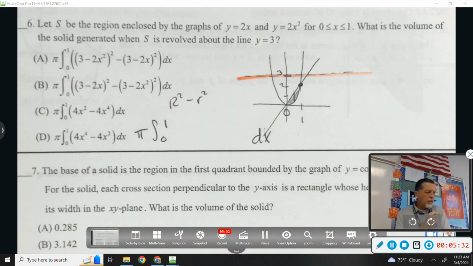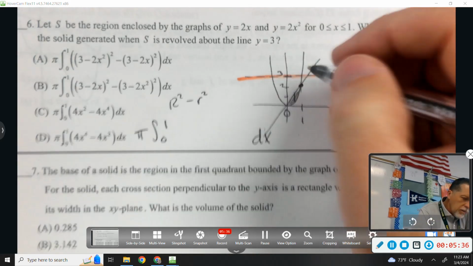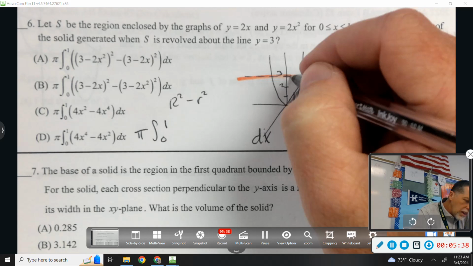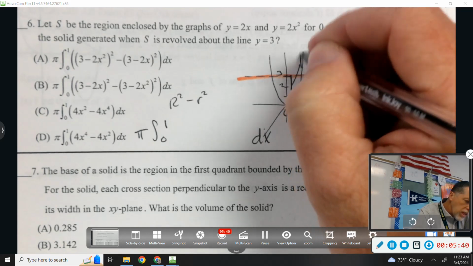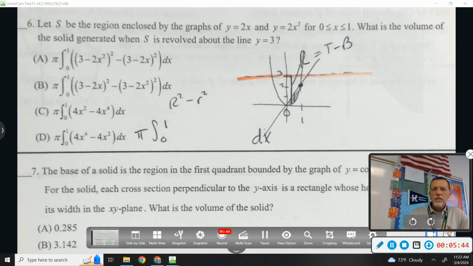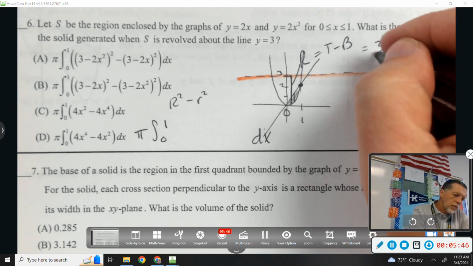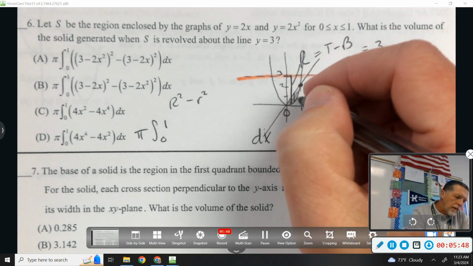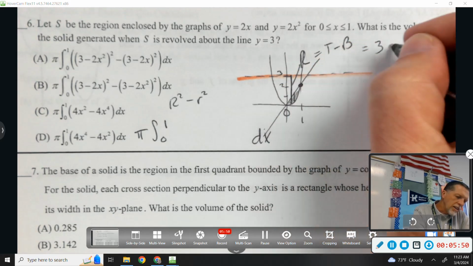So the only difference here is who's big R and who's little r. Big R would be top minus bottom. So that's 3, it's the top one. The bottom one is the curve, so that's 2x squared.